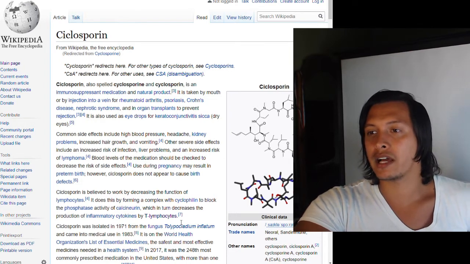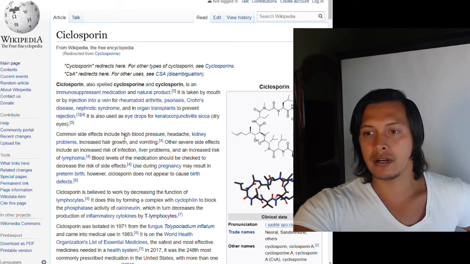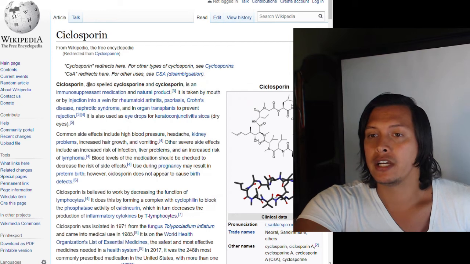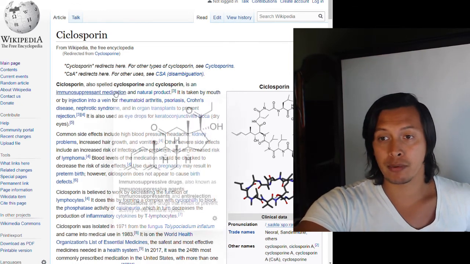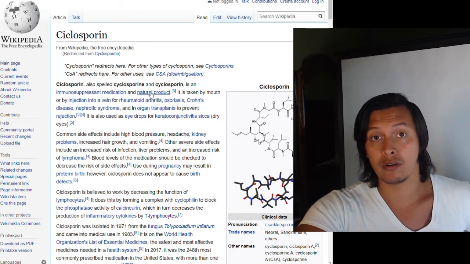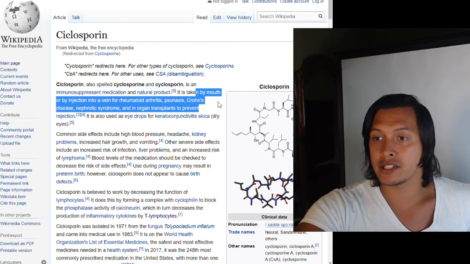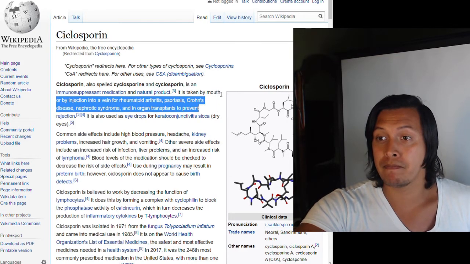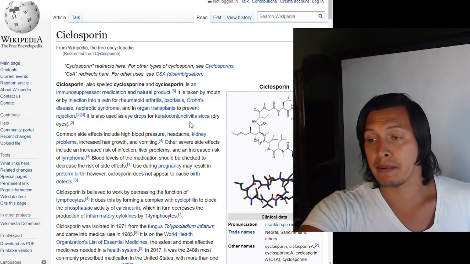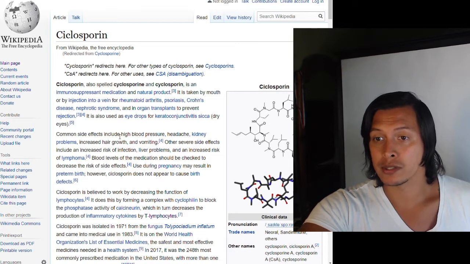So the cyclosporins might be a possible treatment strategy because these are also immunosuppressant medications. They're natural, so that means that they're probably relatively cheap, and they seem to be beneficial at suppressing this very pro-inflammatory response.